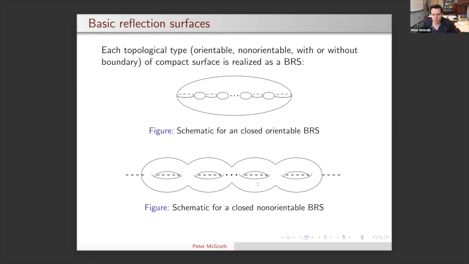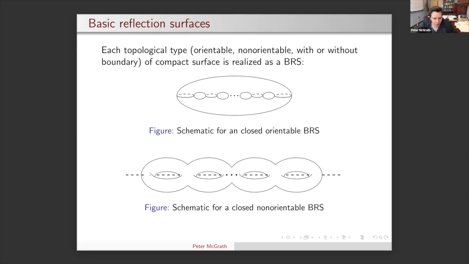Independently or alternatively, one could also cut out a pair of disks along a neighborhood and then its image under the involution here, and then identify those two boundary circles with each other, or alternatively glue on a cylinder connecting those two. And that also makes the surface non-orientable.